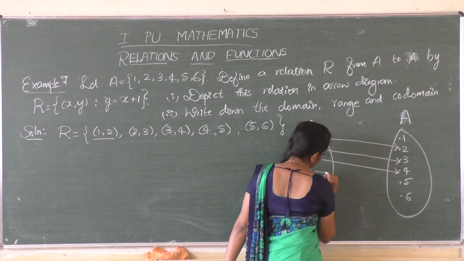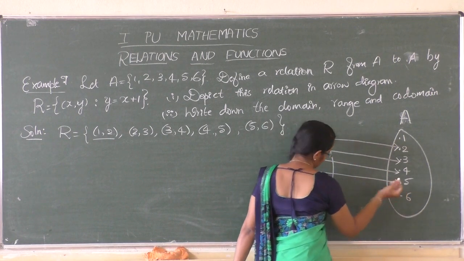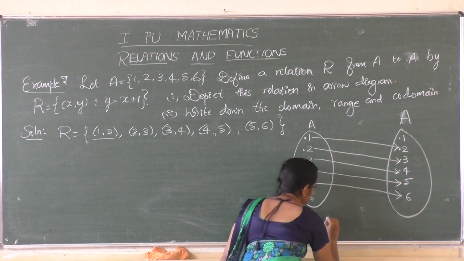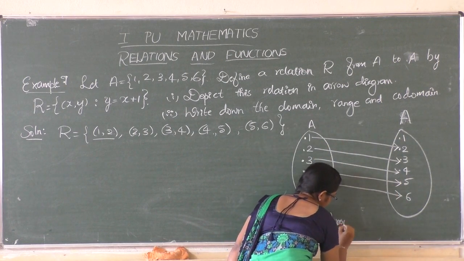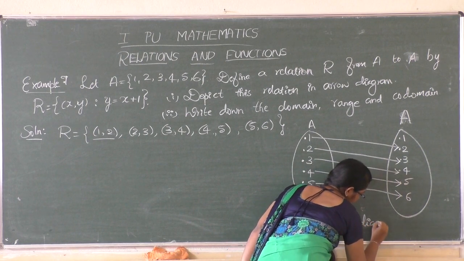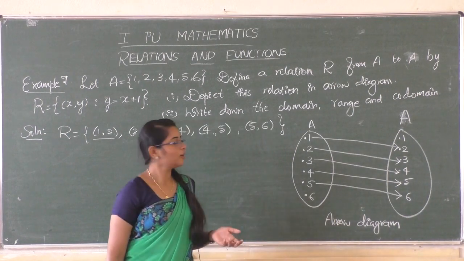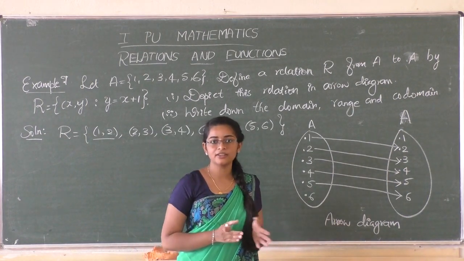Similarly, next element is 4, 5. Next element is 5, 6. This is the arrow diagram of the relation R. Okay, I hope you are following this.